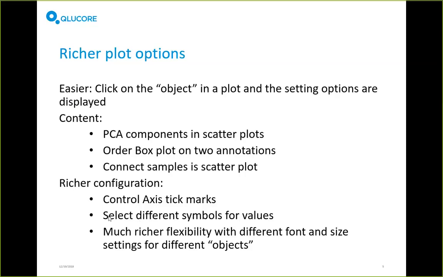We also allow different symbols for values, which can be really useful because you might want to show different aspects in the same plot, and populating the plot with different symbols gives another dimension of information. And as I said, much more flexibility is added now with different fonts, different sizes, and settings for different objects in the plot. You can configure these things a lot more, and expect this to grow because this is a field in which we will focus quite a bit in the near future.